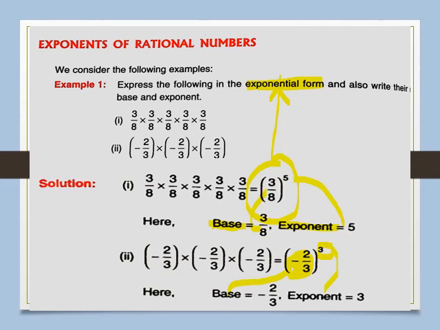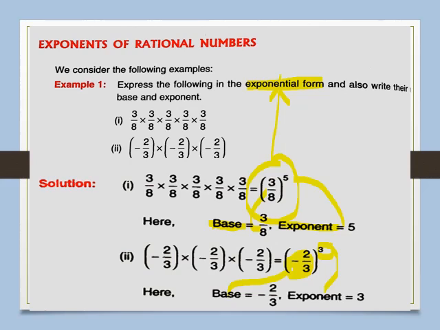Now in the next example, minus 2 upon 3 is how many times? Minus 2 upon 3 is 3 times. So what will we write? We will write minus 2 upon 3 raised to the power 3.